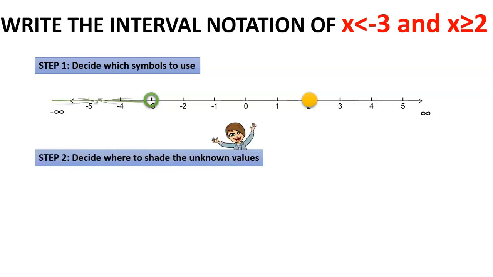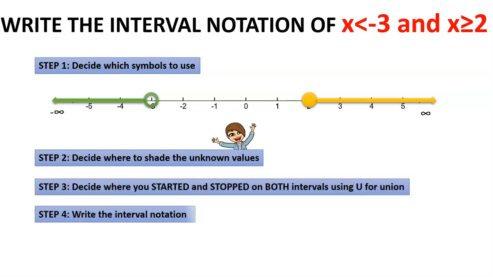Step 2, decide where to shade the unknown values. Less than -3 is to the left, and then greater than 2 is to the right. So you see this interval kind of splits. We have some values on the left, we have some values on the right, and then we have some blank spots in the middle that are not unknown values of this interval notation.